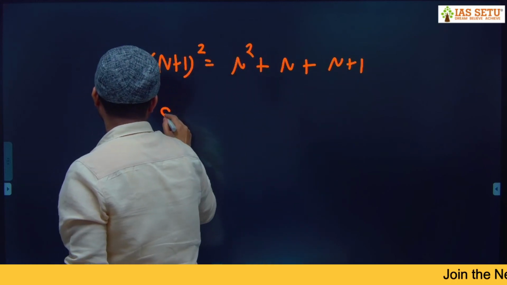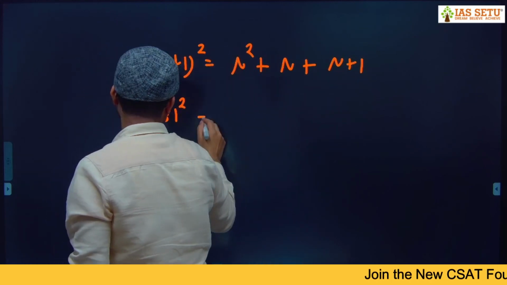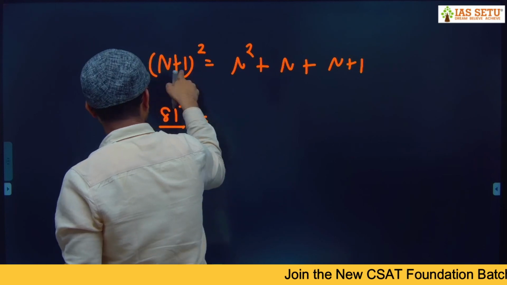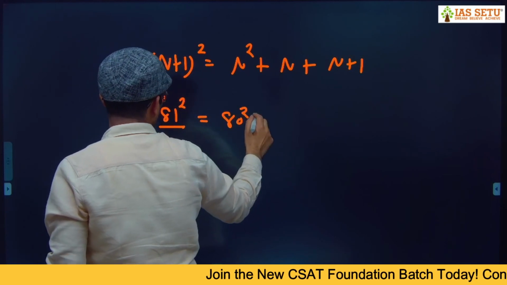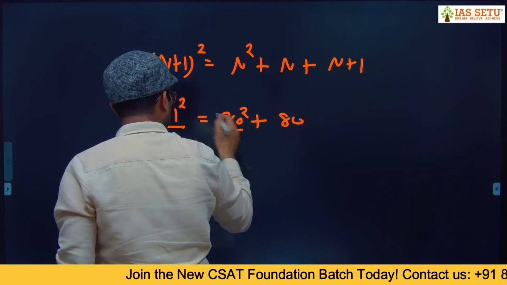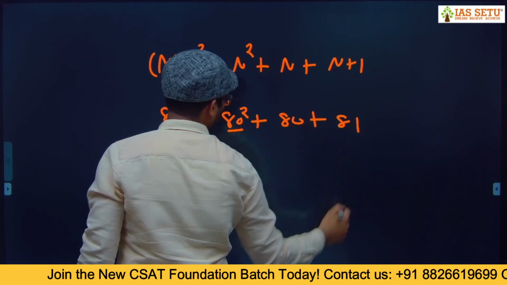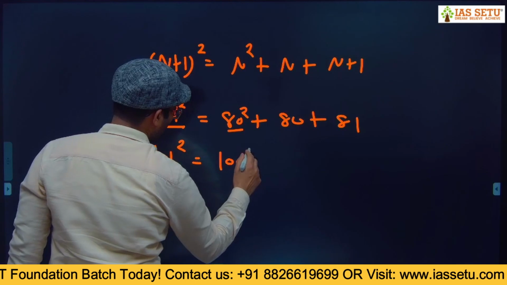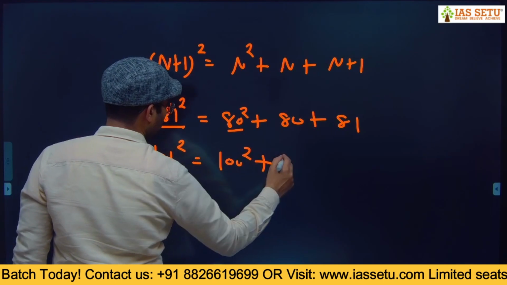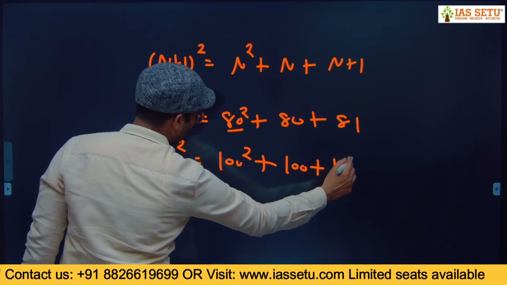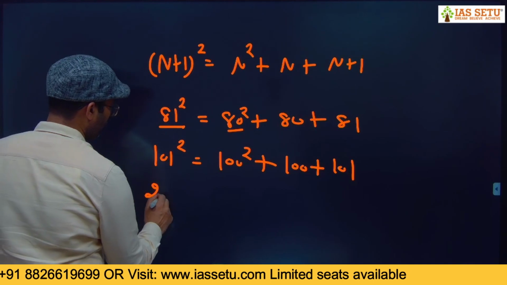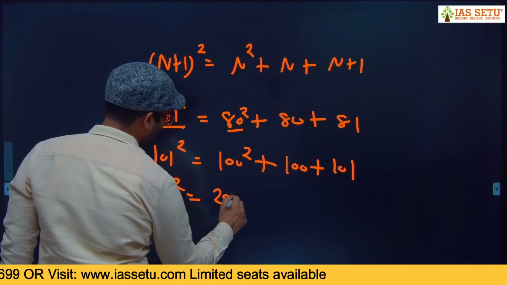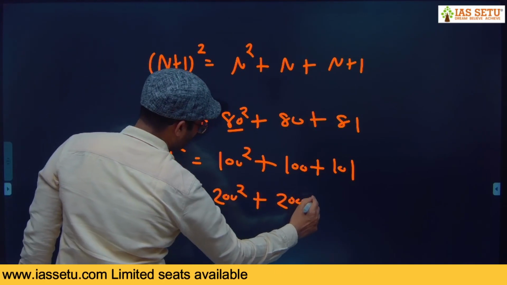Like if I have to find 81 square and I know 80 square, then 81 square is n plus 1 extra. It will be 80 square plus this number plus this number. Similarly, 101 square is nothing but 100 square plus 100 plus 101. 201 square is nothing but 200 square plus 200 plus 201.